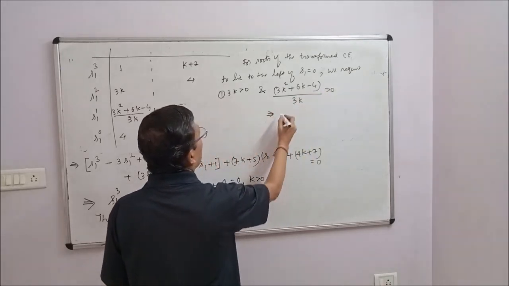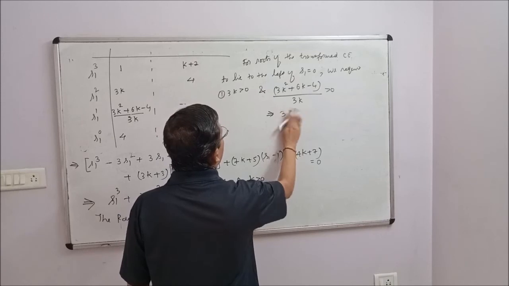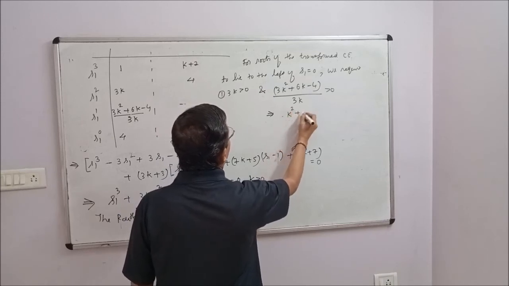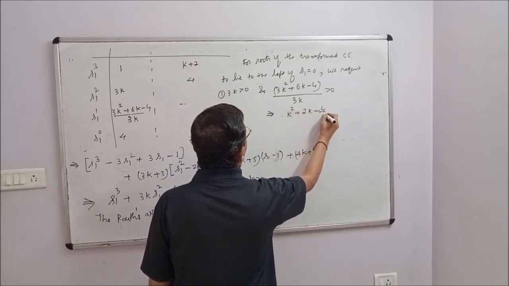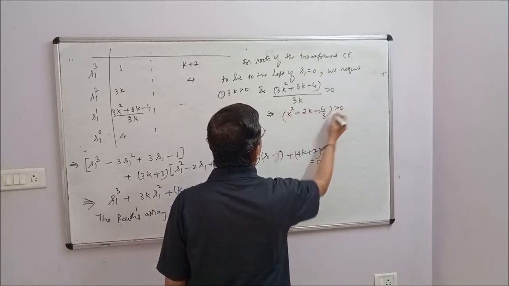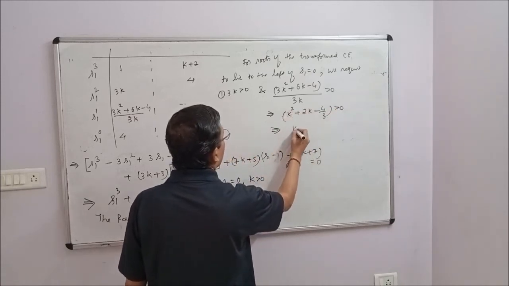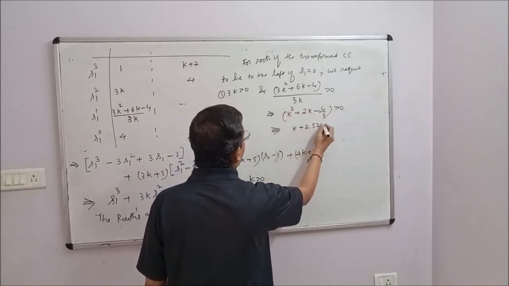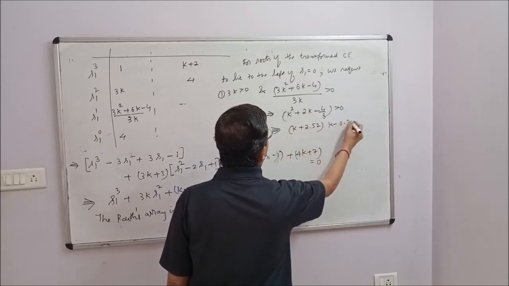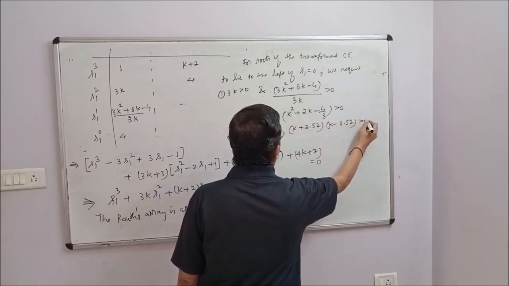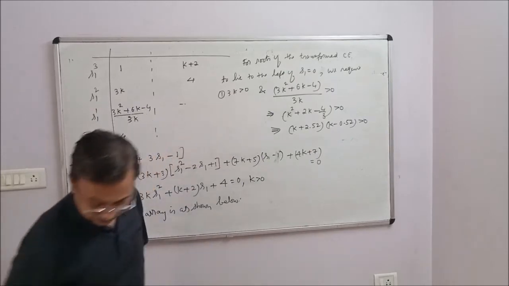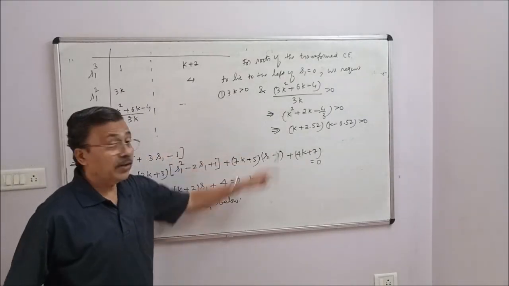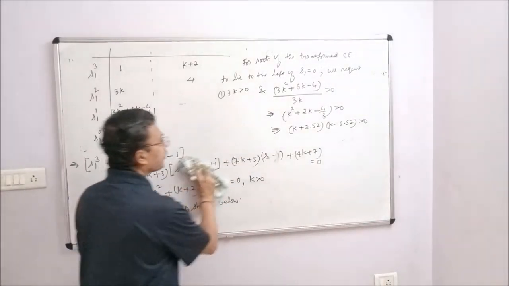From the previous problem, this is nothing but k square plus 2k minus 4 by 3 greater than 0. This implies (k plus 2.52) into (k minus 0.52) greater than 0. This result I have taken from the previous problem.